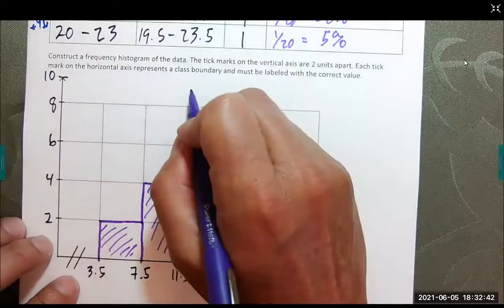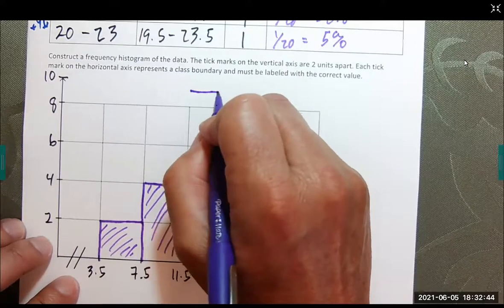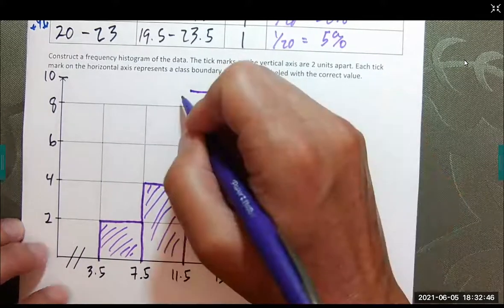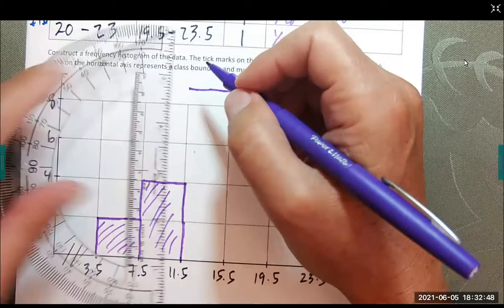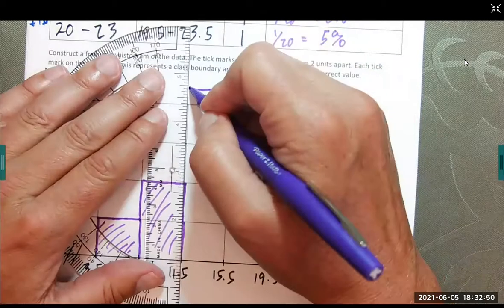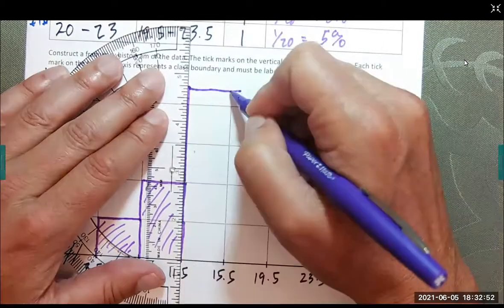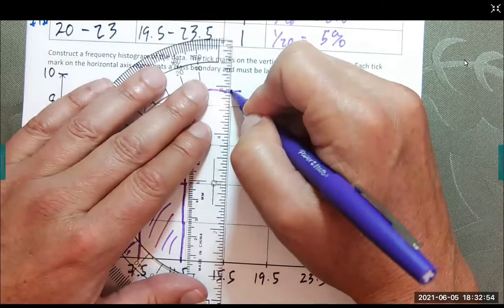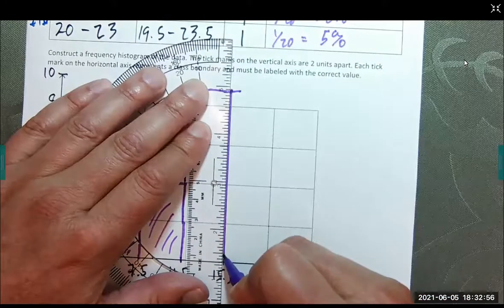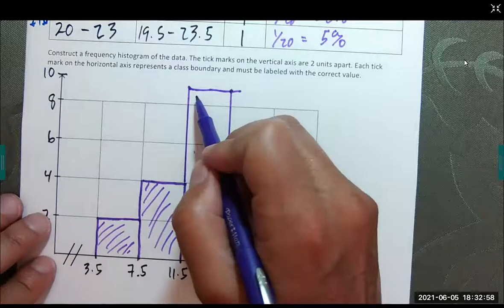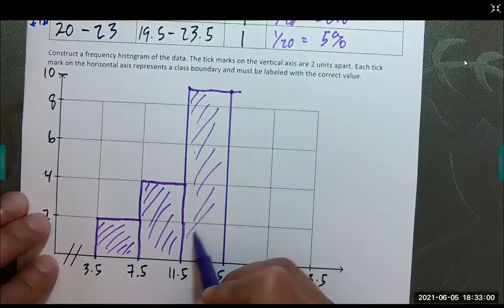In fact, I'm going to use a ruler for this one. There, 9.